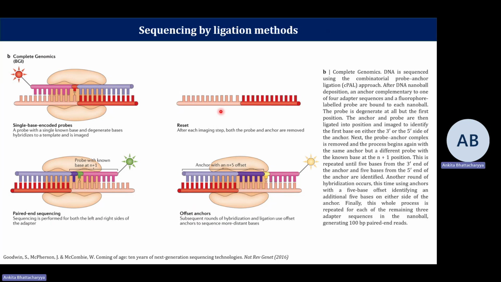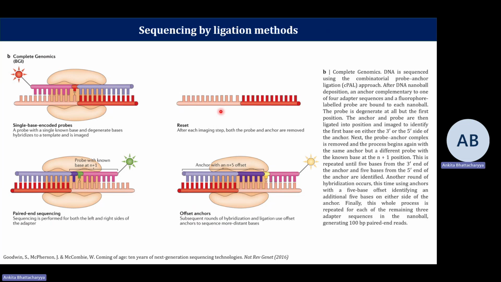After DNA nanoball deposition, an anchor which is complementary to one of the four adapter sequences and a fluorophore-labeled probe are bound to each nanoball. The probe is degenerate at all but the first position. So the first position is known, and the rest of the probe is degenerate. So there's a 1 out of 4 chance for each of the probes to actually bind.